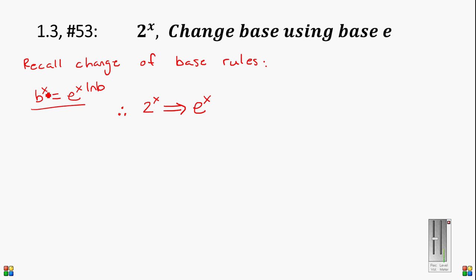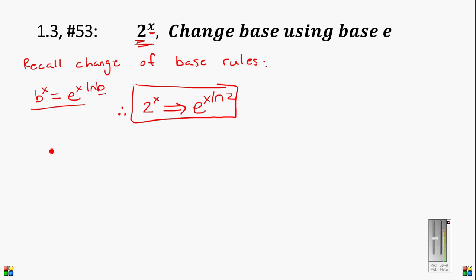So it's just x natural log of whatever the base is. The exponent was x, so e to the x natural log of the base, and the base up here is 2. And just like that, you are actually done with 1.3, number 53.